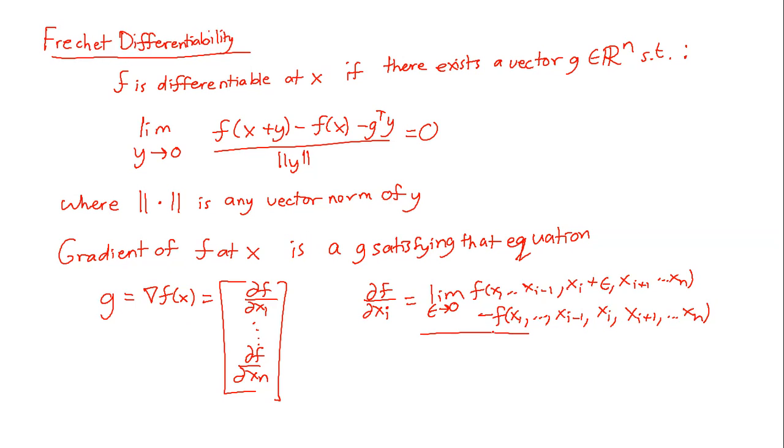Oh, sorry, it should be just over epsilon. Which is equal to f of x plus epsilon ei minus f of x over epsilon, with the limit as epsilon goes to 0.